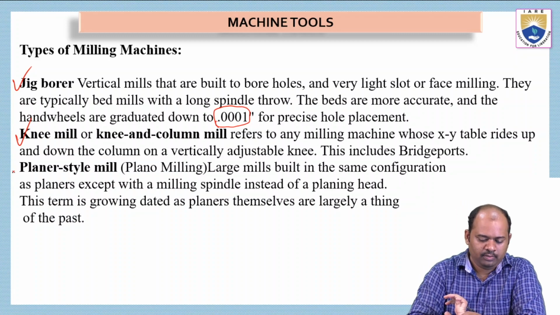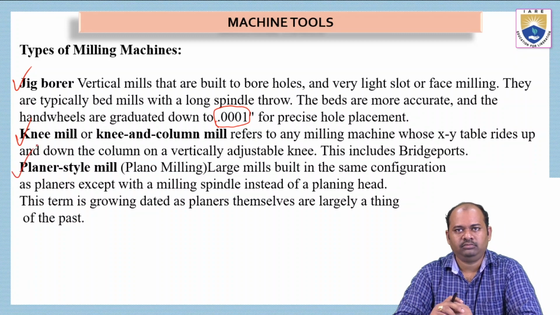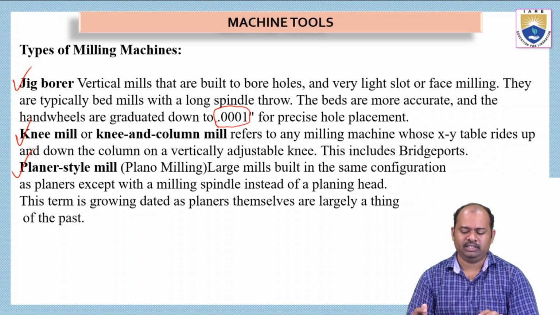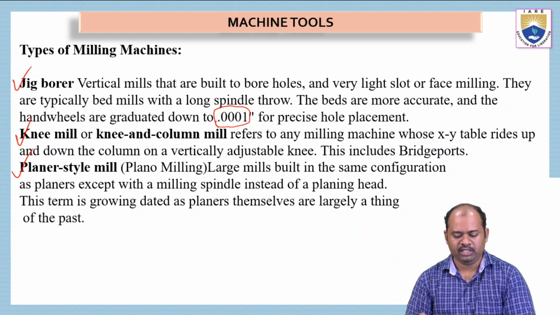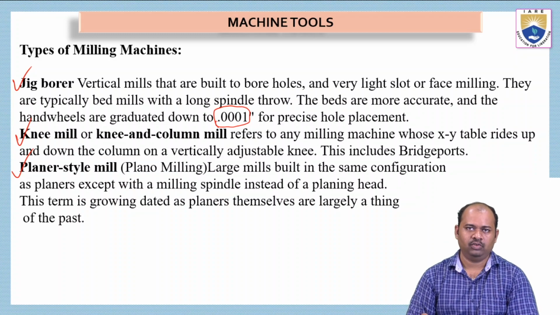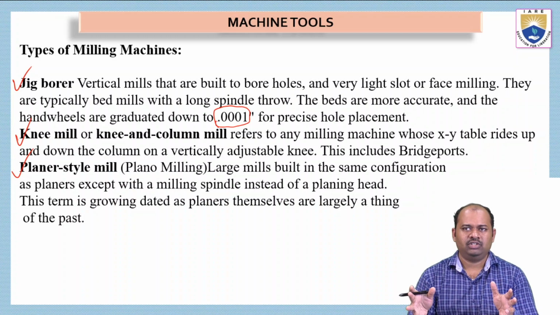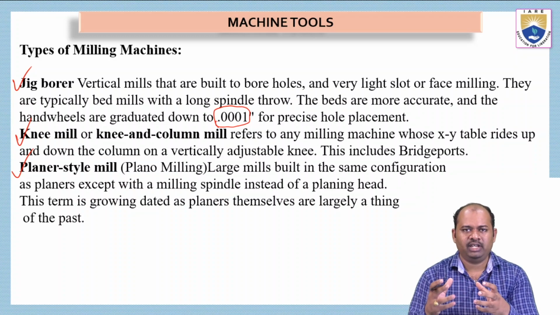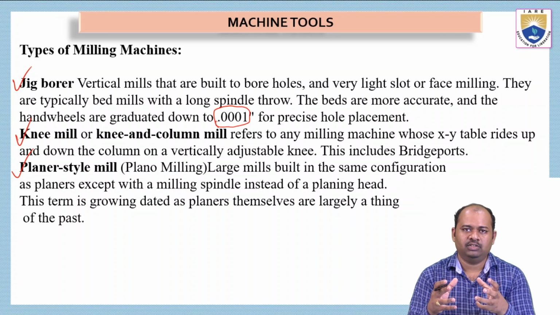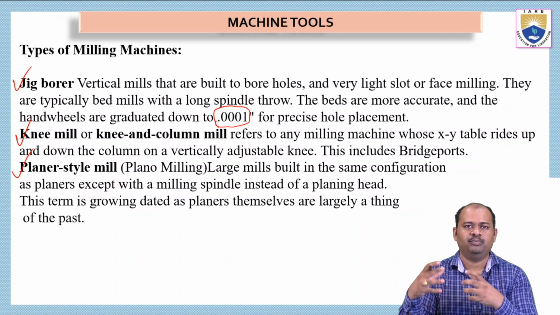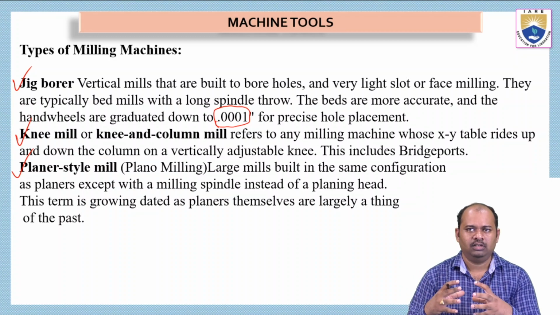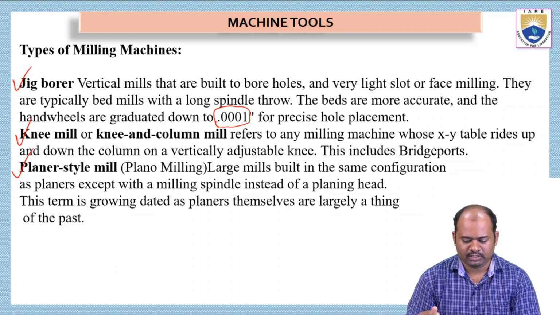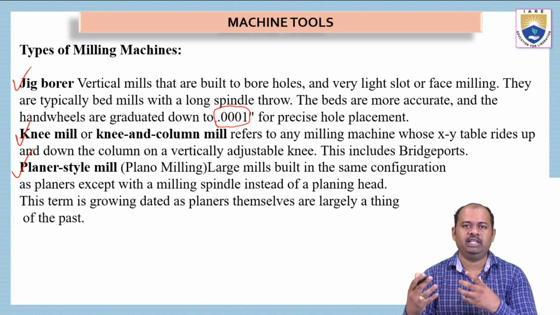And then we have the planer style mill. This is also called plano milling. Large mills built in the same configuration as planers, except with a milling spindle instead of a planing head. We have some machines called planers. In those planing machines, we replace the planing head with a milling spindle.